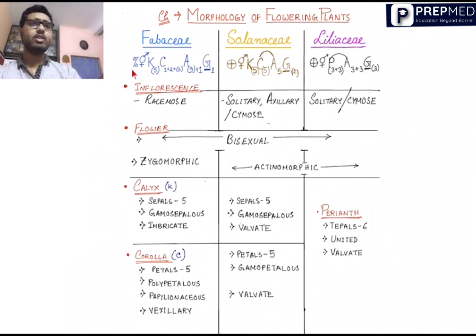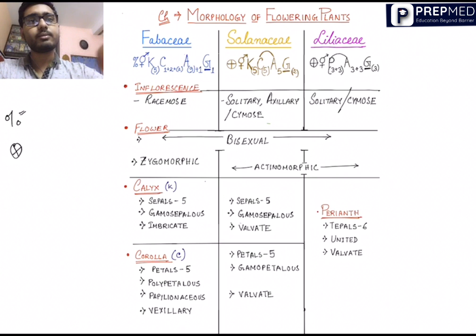So the first thing that we can see over here is the floral formula of the three families, which is very important, but we need to know how to remember them. The first character represents the type of symmetry. If it's a percentage symbol, it's bilateral symmetry. If it's a plus within a circle symbol, then it's radial symmetry.